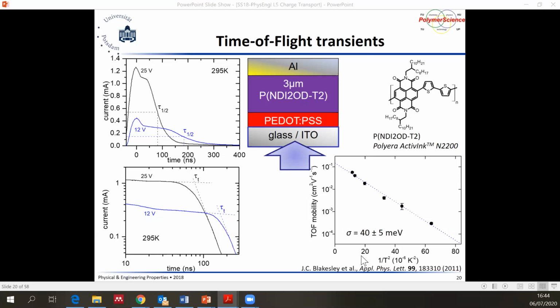So plot mobility as a function of 1 over T squared, and this will give you a linear line, the intersection of which will give you the disorder of the density of states.